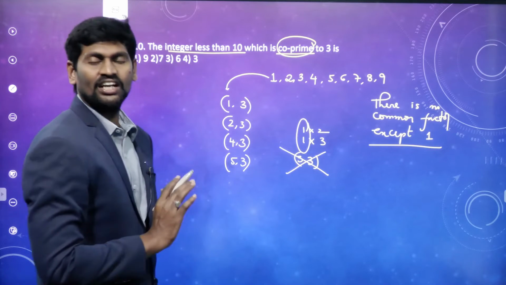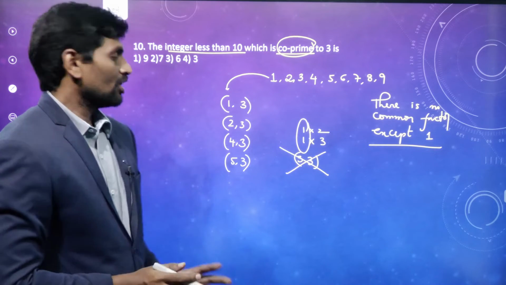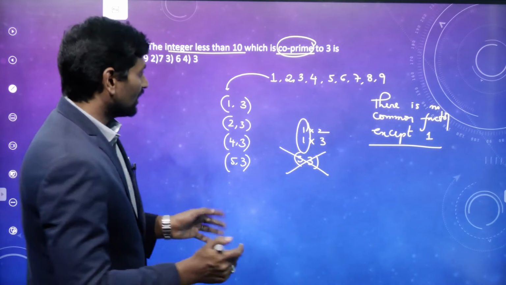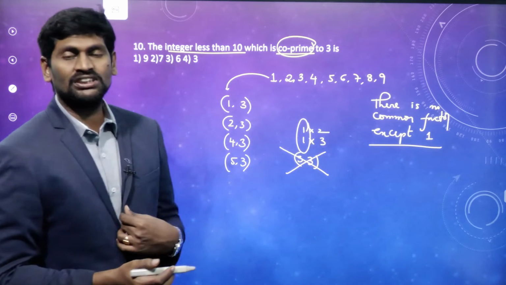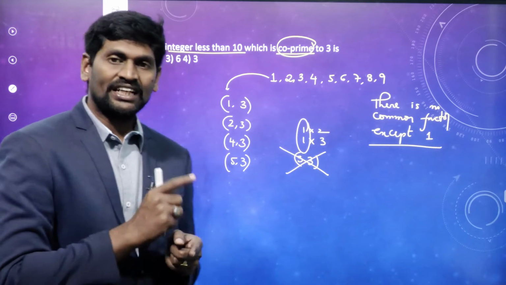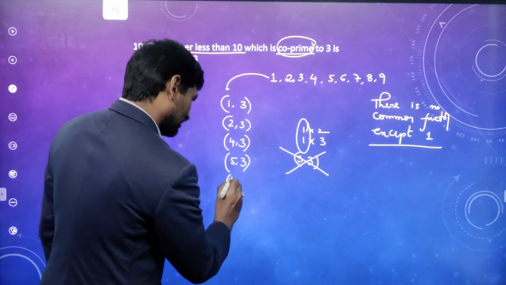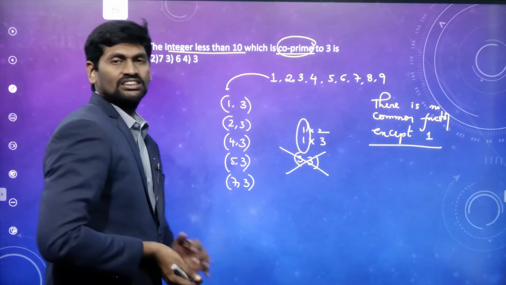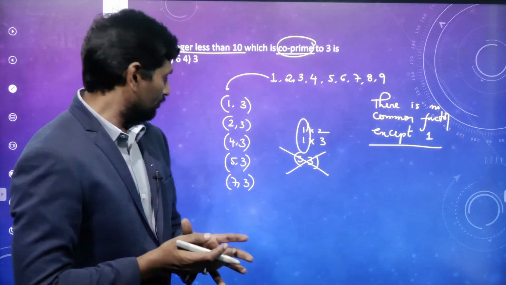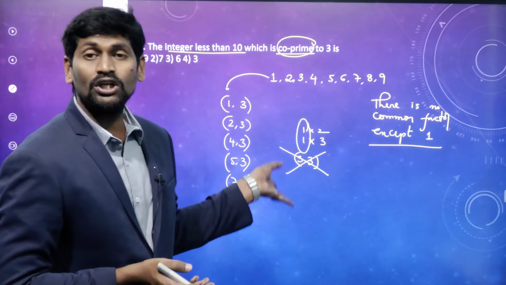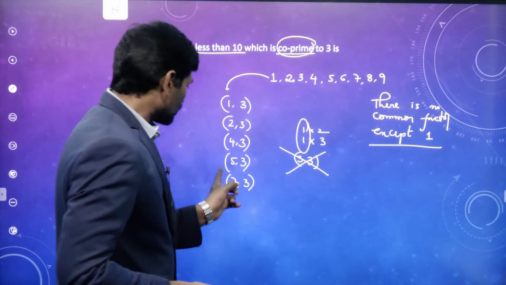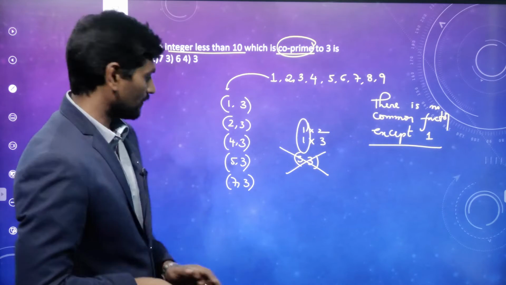Yes, 5 and 3 we can take. Both have only 1 as a common factor. Next, 6. 6 will come in the 3 table, so we are not considering 6. Now 7 and 3. These two are also a pair of numbers having only 1 as a common factor. So 7 and 3 are also co-primes.